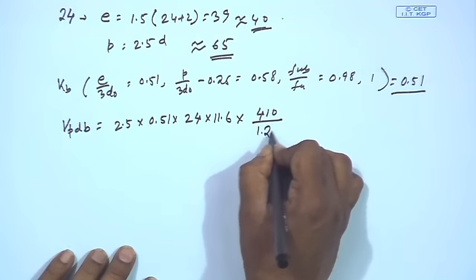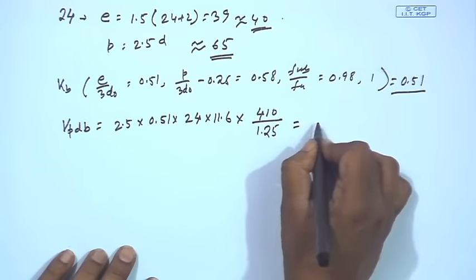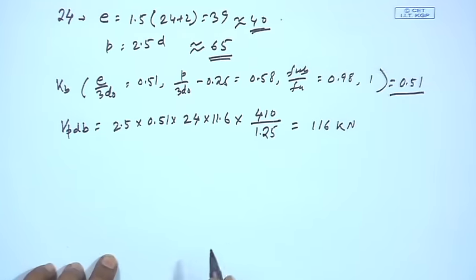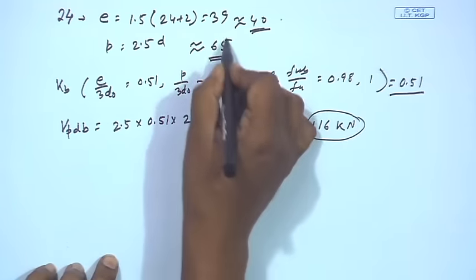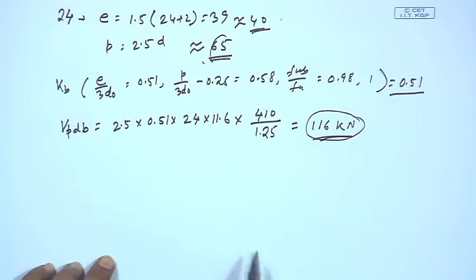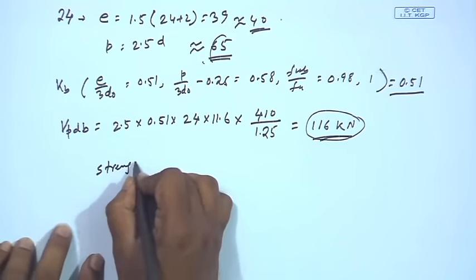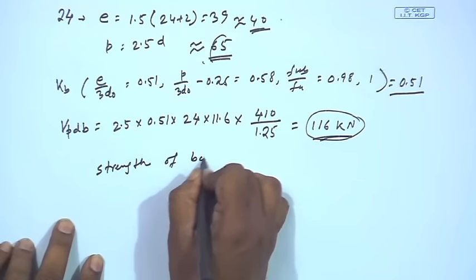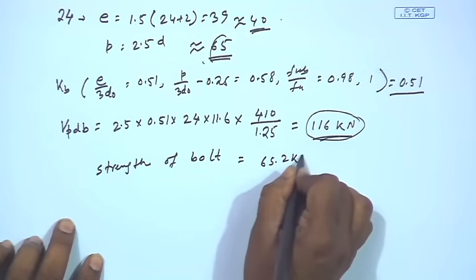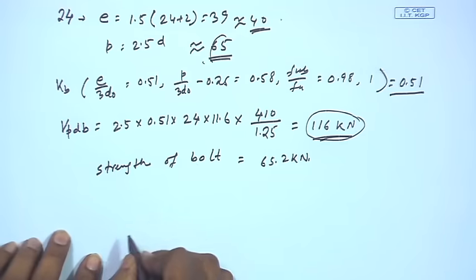So, if we consider this, then we can find out this value as 116 kilonewton. So, the bolt value will be the lesser of these two, means 116 and earlier we got 65.2. So, the strength of bolt will be 65.2 kilonewton.